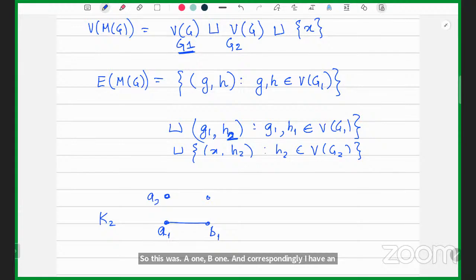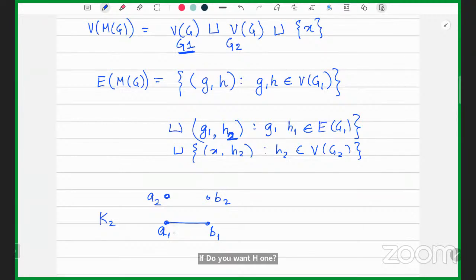Now this condition says that the bottom one is adjacent to the top one if the corresponding G1 H1 is an edge.